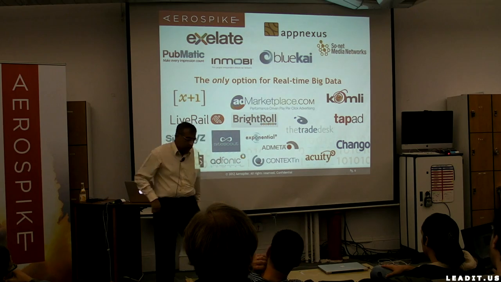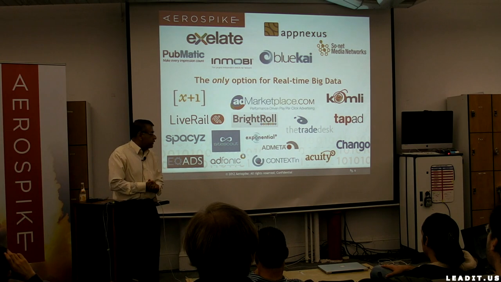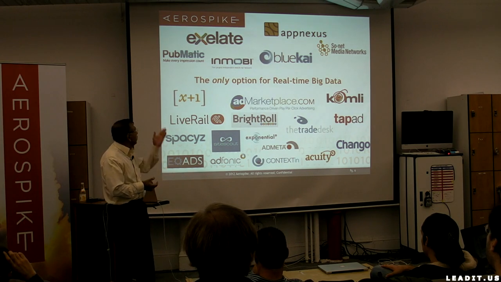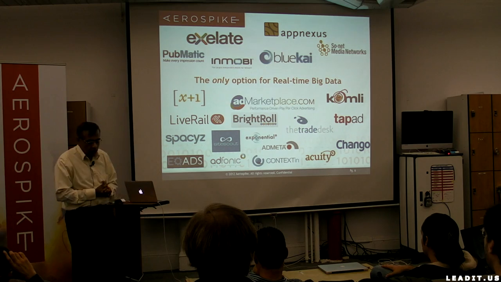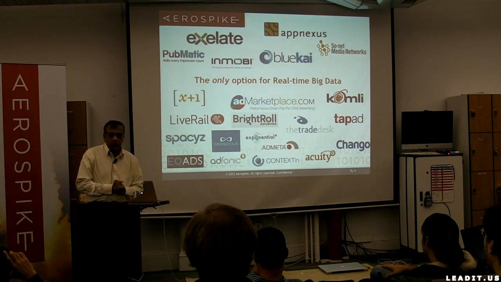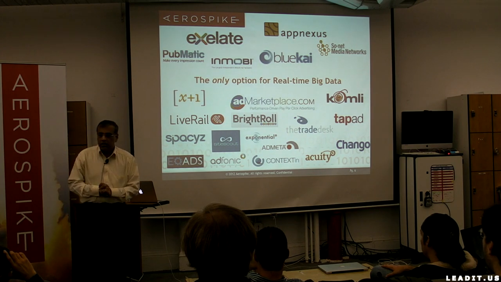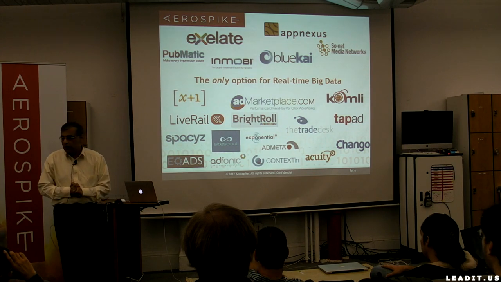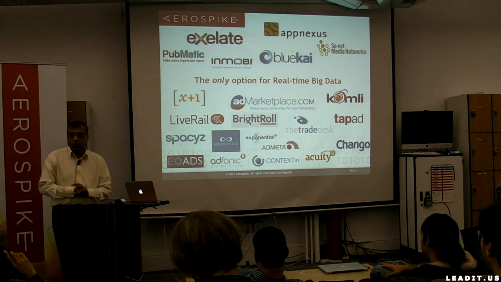Just a little bit about our customers. AppNexus was our first customer, one of our largest. We also have big customers in the data space, Exelate and BlueKai. AppNexus does about 30 billion impressions a day. Exelate has about 16 terabytes of data across 4 data centers, running 24/7. BlueKai does a couple of trillion impressions, transactions, whatever, in the data space.